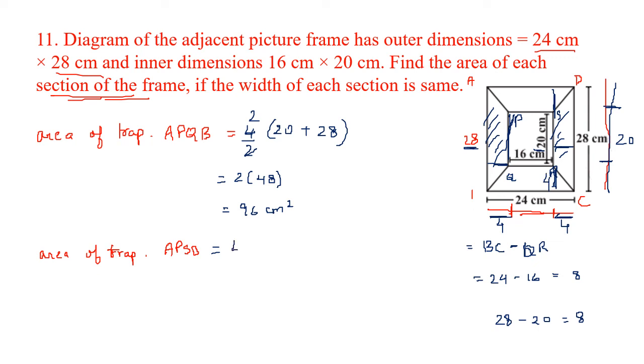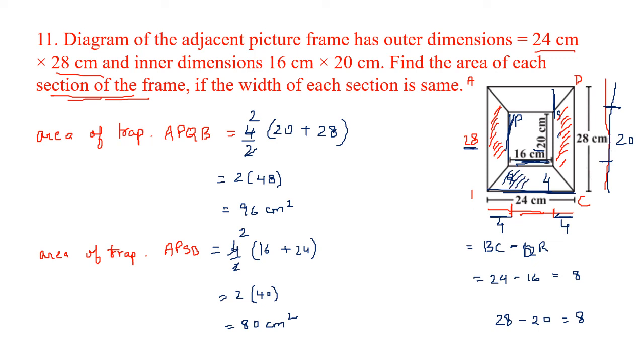So I get 4 upon 2 and sum of the parallel sides 16 plus 24, that is 40. 2 40s are 80. So we have got the area of these two trapeziums as 96 centimeter square, and the area of these two trapeziums as 80 centimeter square.